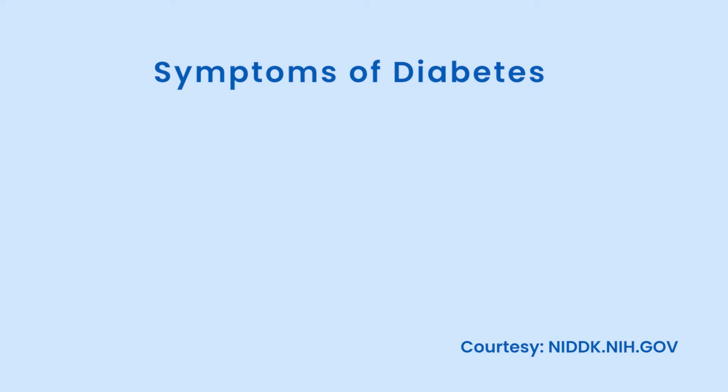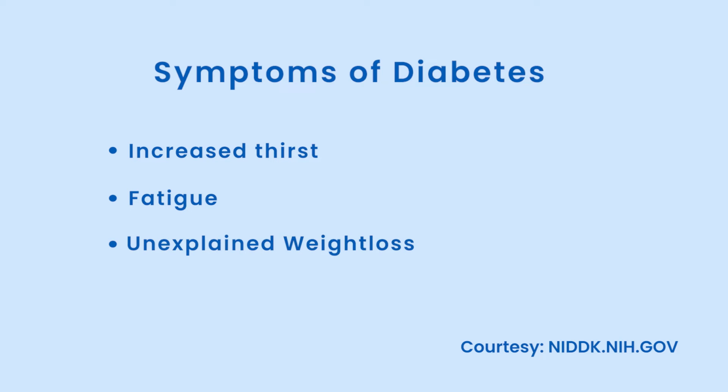Symptoms of diabetes include things like increased thirst and urination, feeling tired without being able to get enough sleep to feel like you are catching up, and unexplained weight loss. There are other symptoms of diabetes as well, but these tend to be some of the main signs and symptoms that people do ignore or maybe do not associate with diabetes.